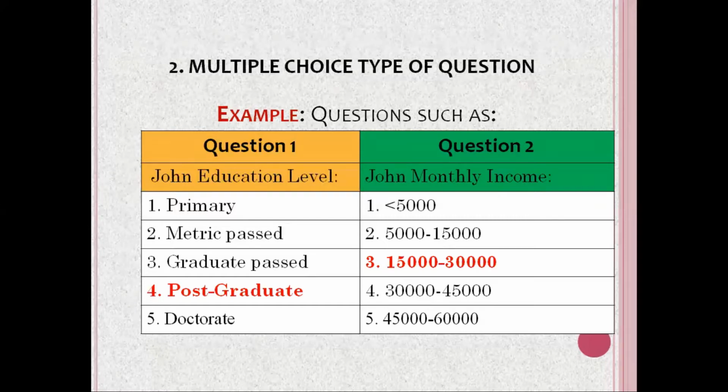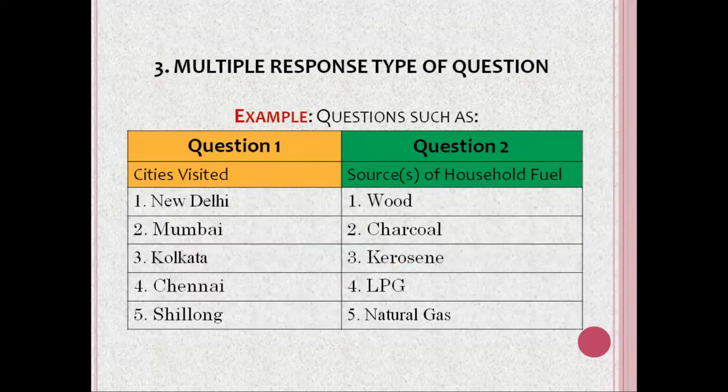Next, what's the multiple response type of question? For example, in a questionnaire, you ask, which of the following cities have you visited in India? And I have listed five different cities. Similarly, another question is, what are the different sources of household fuel that you use?